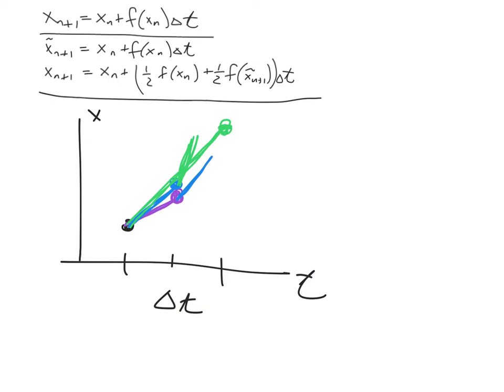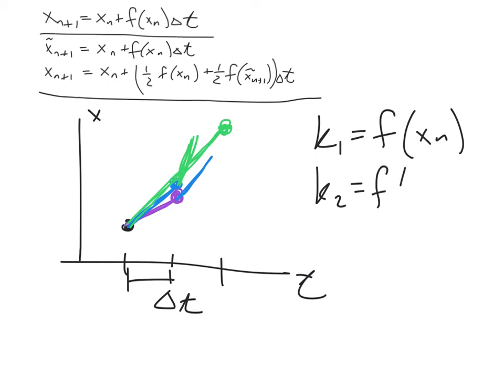And so that's a bunch of steps where we start with an initial slope k1 equals f of x n, and we use it to go halfway. And then we create a new slope, k2 equals f of delta t over 2 times k1 plus x n.